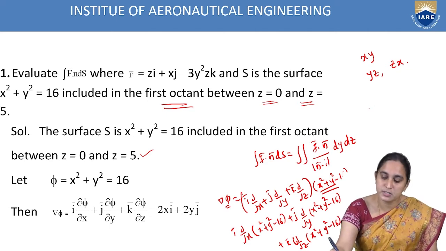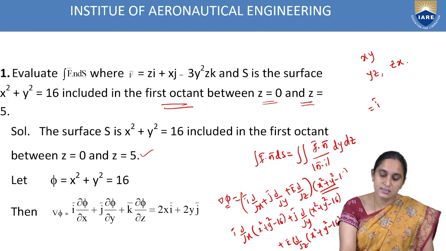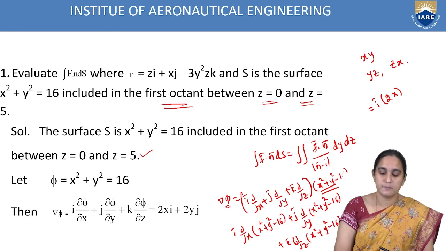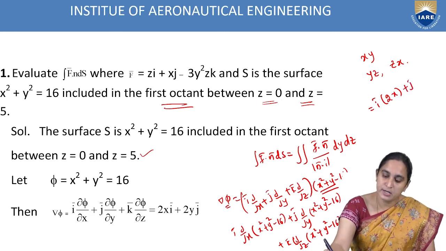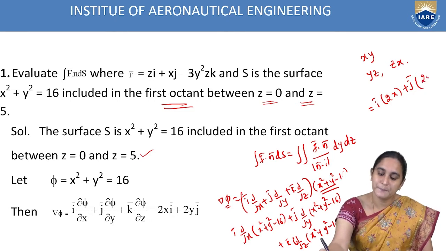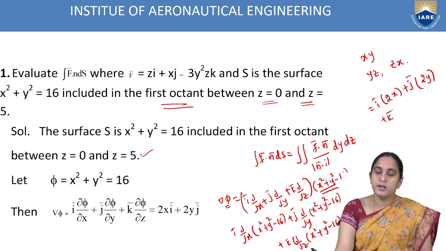Then what is the differentiation? I bar into, with respect to x, x square gives 2x, and y square and 16 give 0, right? That is i bar into 2x, plus j bar into, with respect to y, x square gives 0 and the constant also 0. Y square differentiation is 2y. Plus k bar into dou by dou z of x square plus y square minus 16.